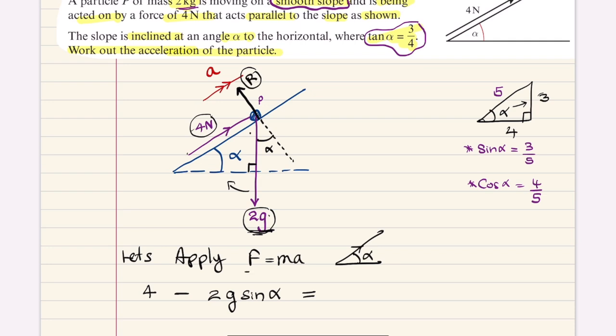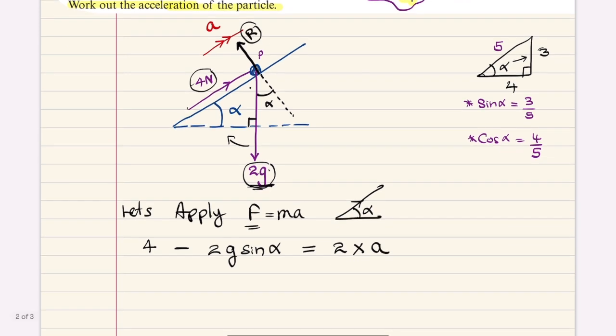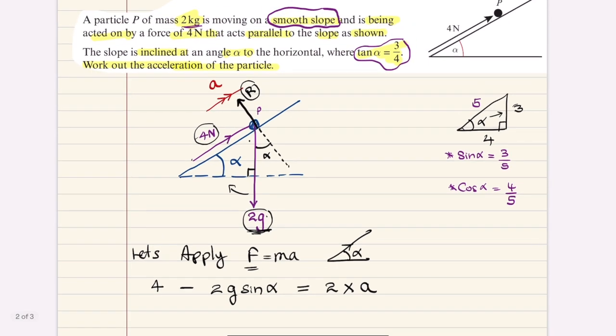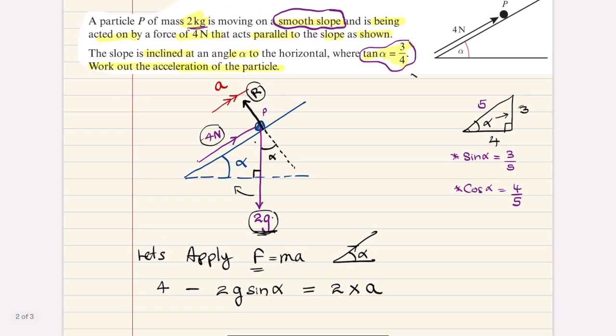Now we managed to figure out all the forces acting in that direction, and mass is going to be 2, and the acceleration of the particle is unknown. Just find a. So now see the importance of drawing a right angle triangle. Whenever we want a value, we can always recall.